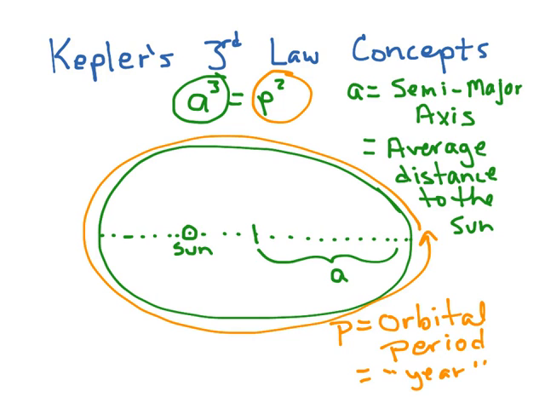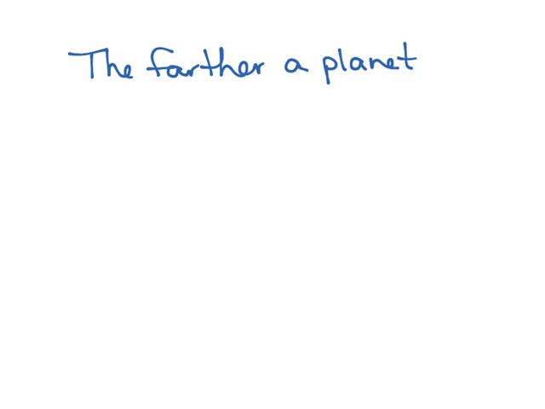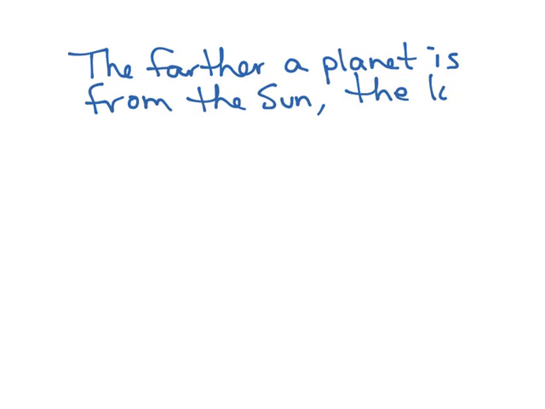So what the equation is telling us is that there is a relationship between the distance a planet is away from the sun and the time it takes the planet to orbit the sun. So our general rule of thumb is the farther a planet is from the sun, the longer it takes to complete one orbit.